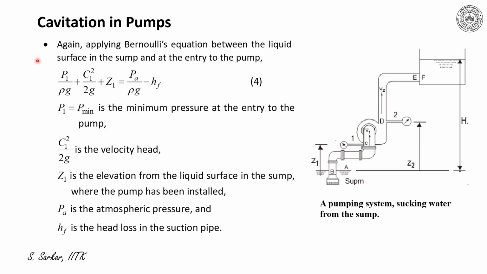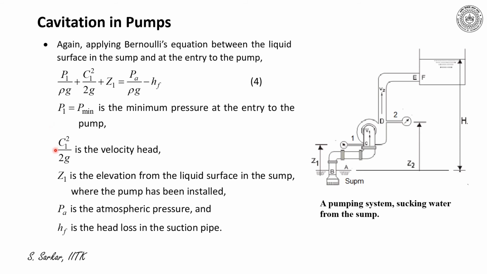Again, applying the Bernoulli equation between the liquid surface in the sump and the entry to the pump, we have P1 divided by rho g plus C1 square by 2g plus Z1 is equal to PA by rho g minus HF, that's equation number 4, where P1 is the minimum pressure, P minimum, at the entry to the pump.